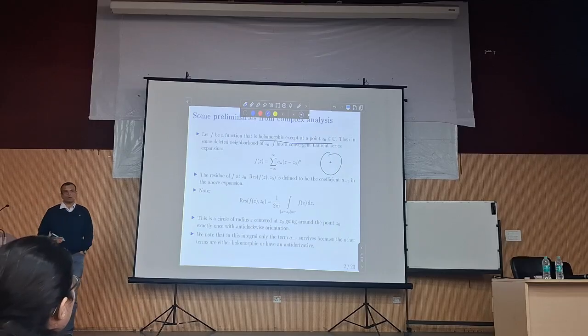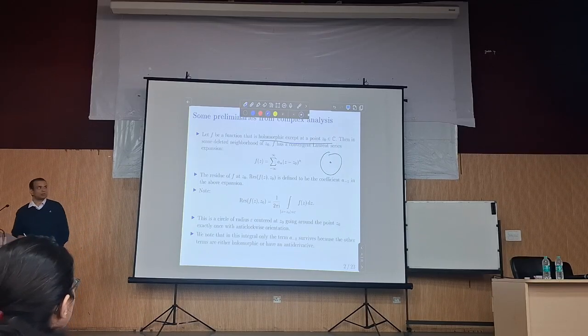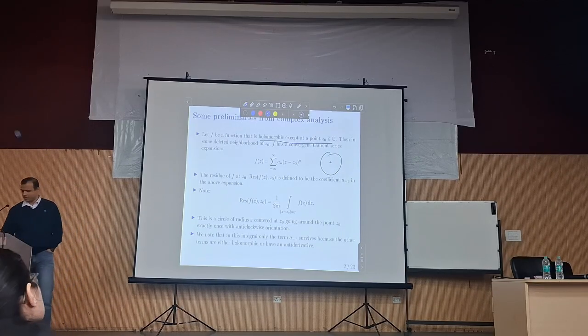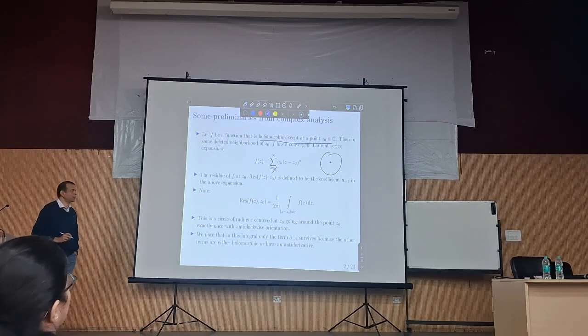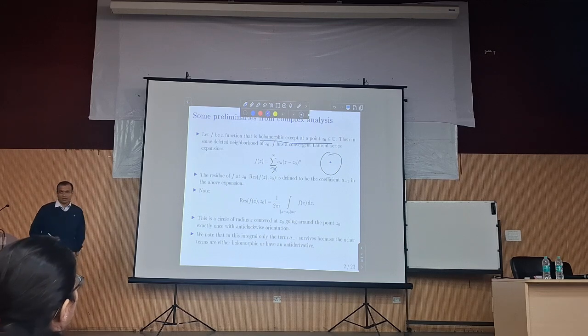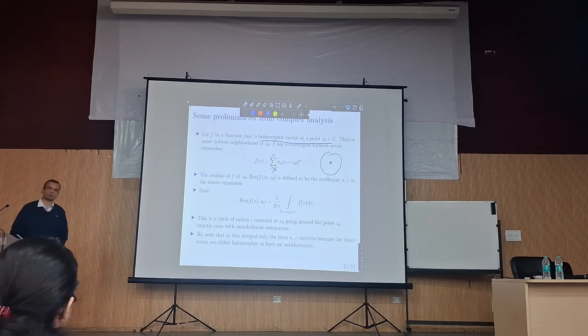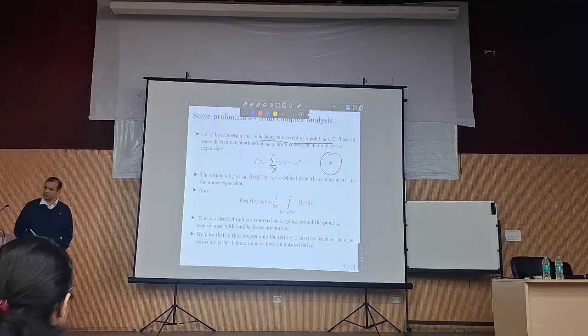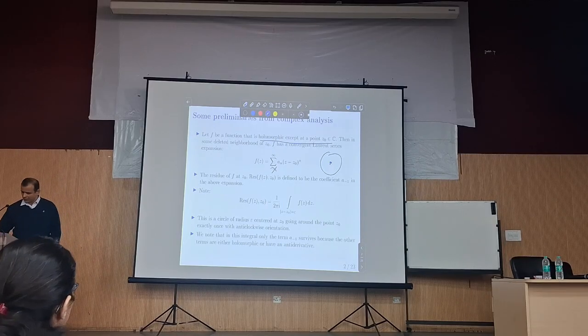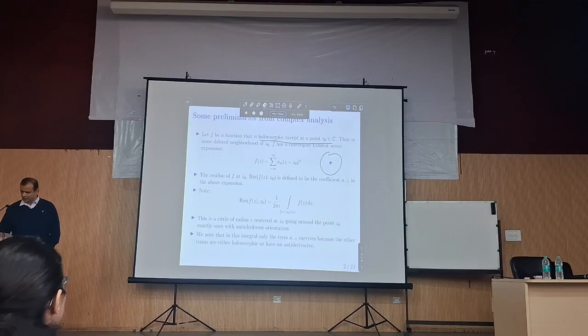If it is holomorphic in the entire disk, then you have a convergent power series expansion, but you will not have any of the negative terms. But suppose you have a function which is holomorphic in a deleted neighborhood. Then if you use Cauchy's theorem and go through these steps, you will have the Laurent series expansion, which will have both positive as well as negative terms.